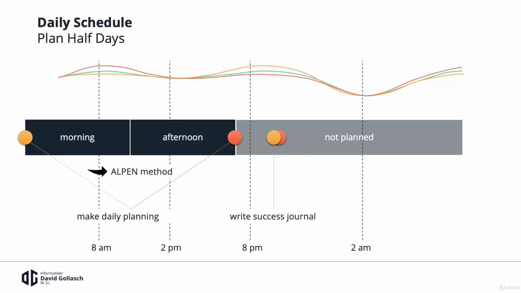What I can suggest or recommend as well is that a lot of successful people write down what their successes of the day were. Therefore, I would say as well that it's a good idea to write success journals in the evening.